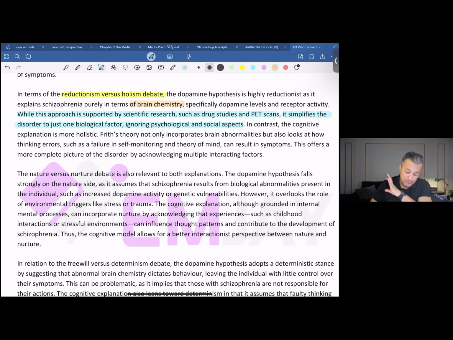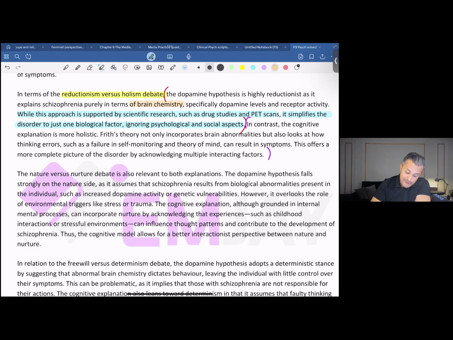Now you've written the dopamine hypothesis part, and you're starting off with the cognitive explanation, evaluating it in terms of the reductionism versus holism debate. In contrast, the cognitive explanation is more holistic.